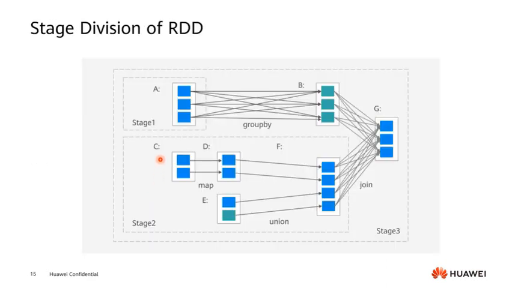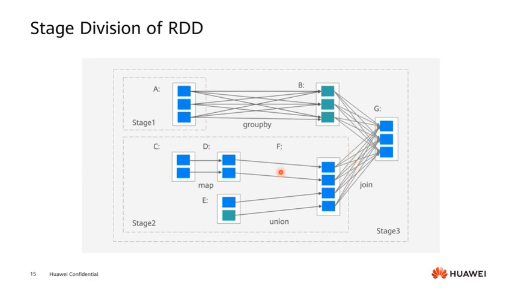Actually, the stage division of RDD is also based on different dependencies. It's very difficult to divide stages in a submitted job due to complex RDD dependencies. Spark Scheduler reversely traverses the whole dependency chain from the end of the directed acyclic graph, DAG. When a shuffle dependency, also called a wide dependency, is encountered, the dependency chain will be broken.